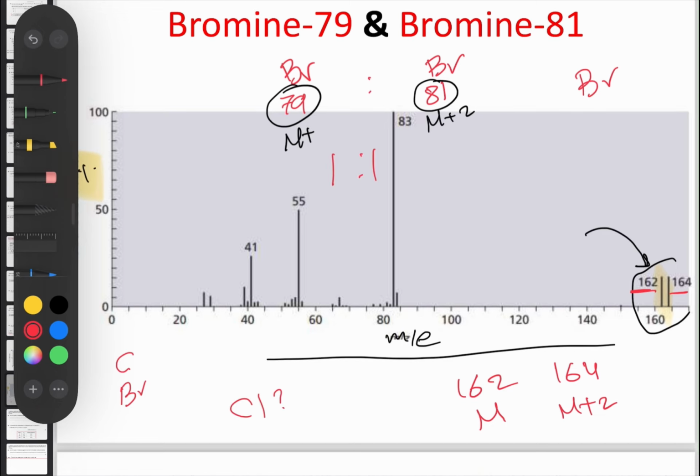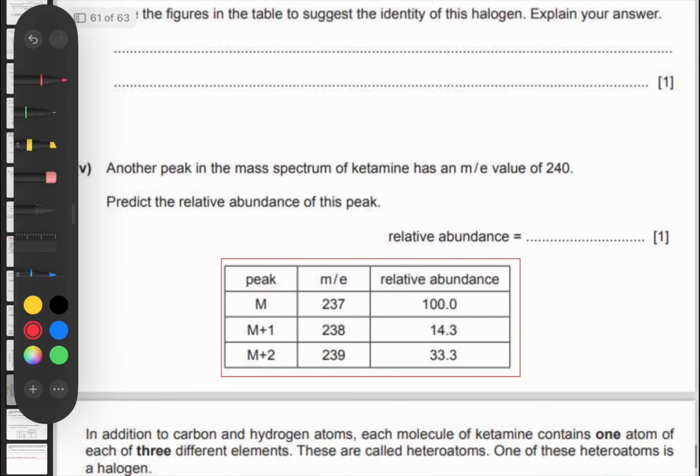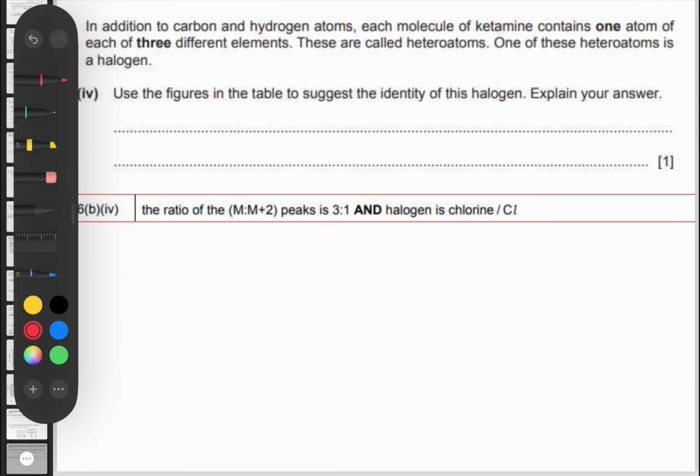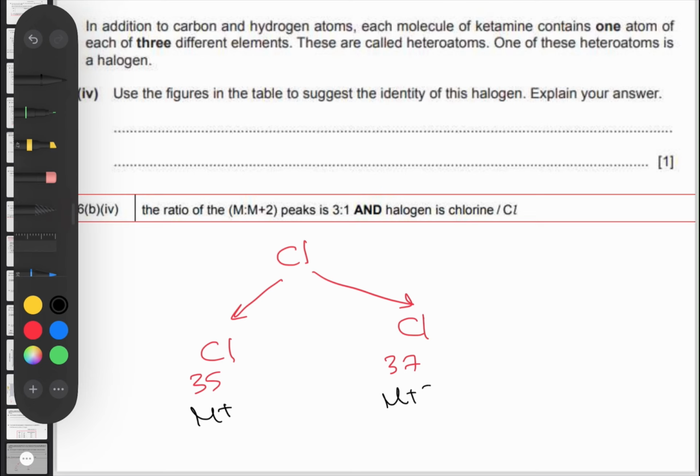How can I determine whether I have a chlorine in my compound? Let's go again to this figure. The rule says chlorine in nature contains two isotopes: chlorine 35 and chlorine 37. In other words, we have M plus and M plus 2 because the difference between them is 2 neutrons.